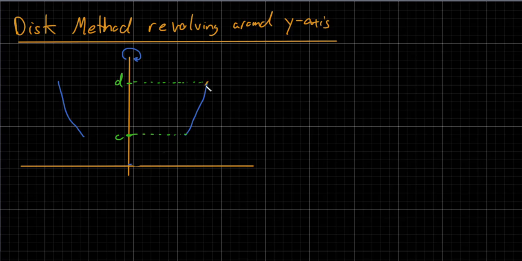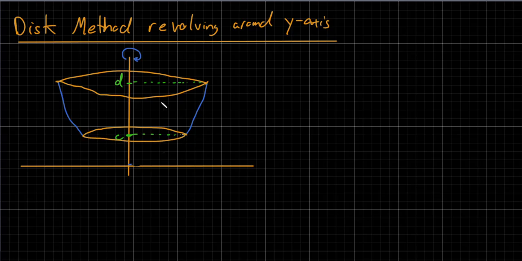So now I'm making it 3D. And we have, that was our beginning area. And we want the whole volume of this function, of this revolved solid.